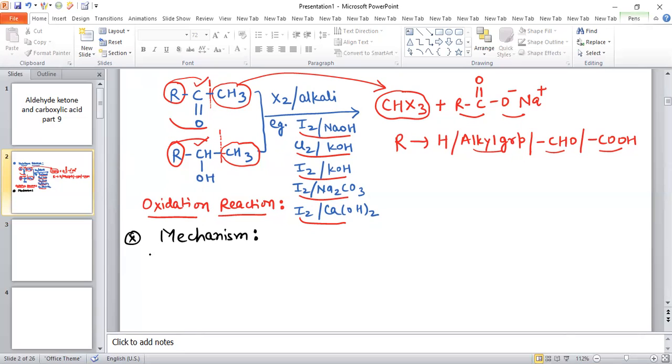In the mechanism, in the first step there is oxidation.